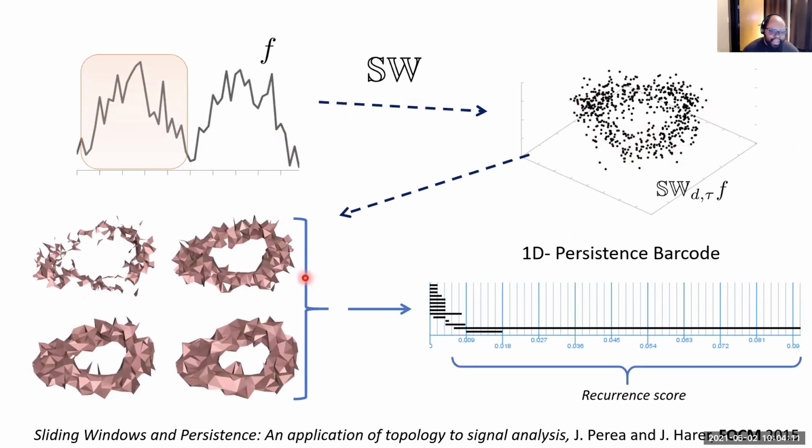When you apply persistent homology, and in particular get the barcodes, for example in dimension 1, you can use the barcode as features for periodicity detection or recurrence detection. Other nuances of the time series are also reflected in the barcode or the persistence diagram. And that has been essentially the object of study over the last few years in topological time series analysis.